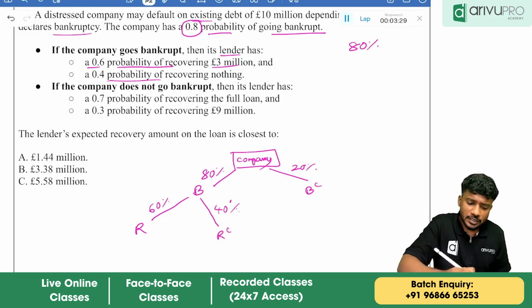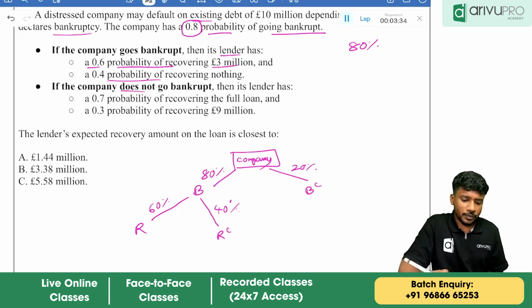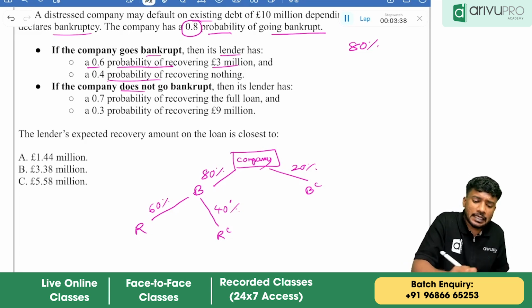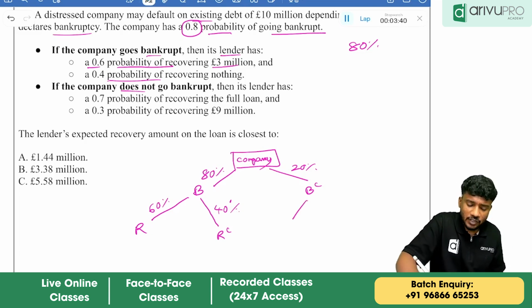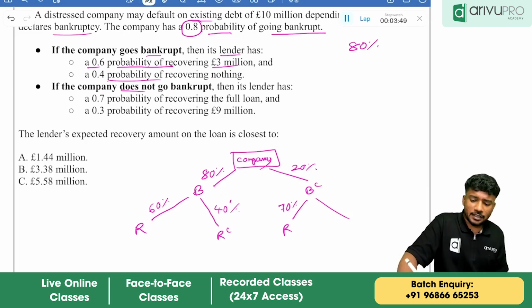Then coming to the second part, if the company does not go bankrupt, that is B complement, then the lender has 0.7, that is a 70% chance of recovering in full, whatever money is given. Then a 30% chance that they will not.